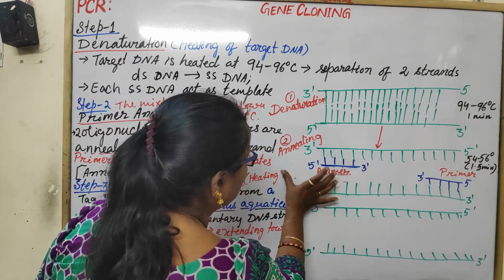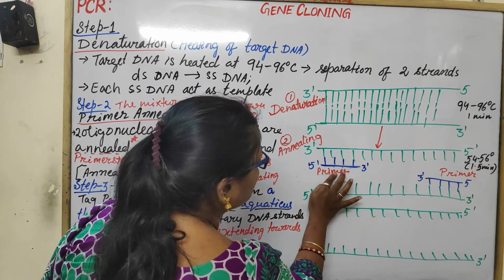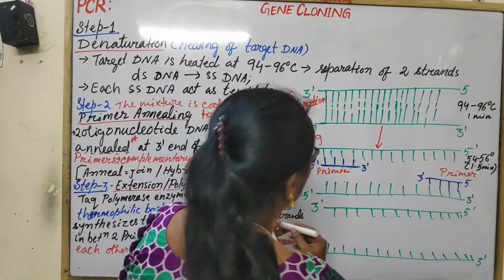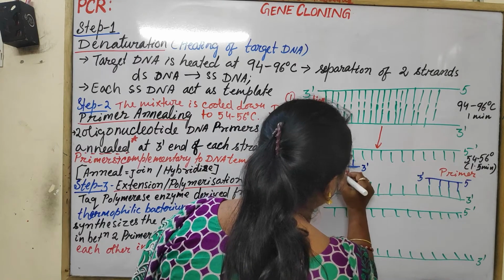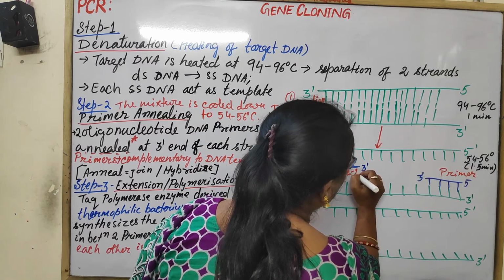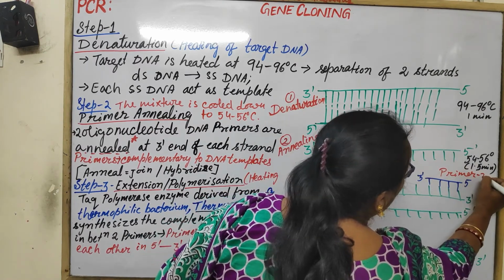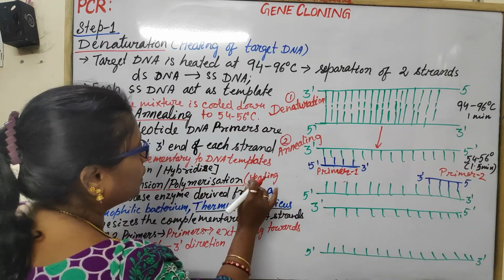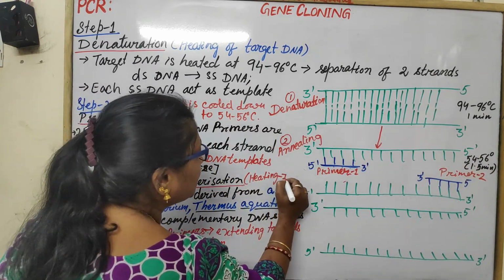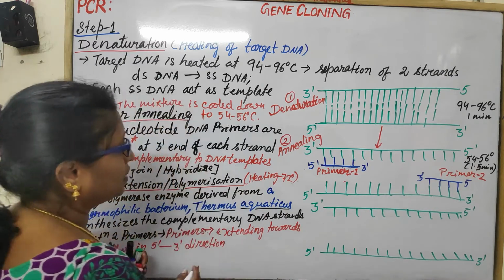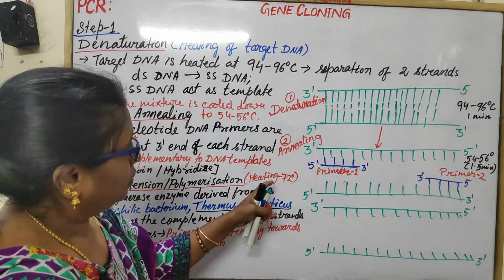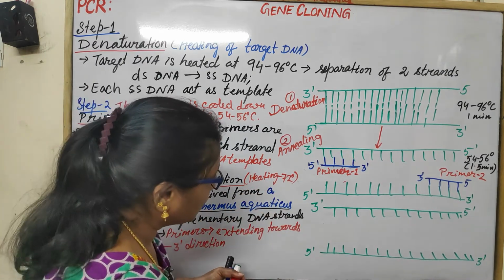It may get confusing, so I'm writing primer. Write down: this one is primer 1, this is primer 2. Okay, and the mixture is heated at 72 degrees Celsius.